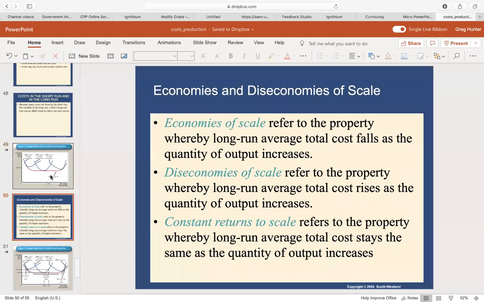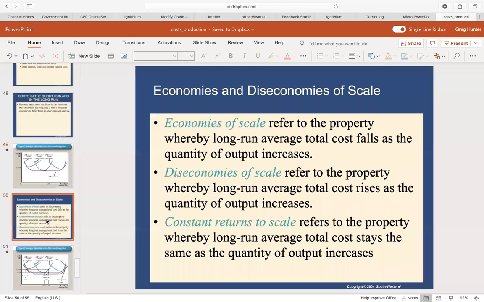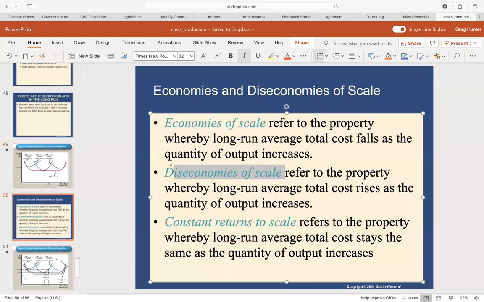Well, it's kind of trippy. I think this is probably one of the most subtle graphs and most difficult to explain for instructors and students in principles of microeconomics. We have these three regions: economies of scale, diseconomies of scale, and constant returns to scale.